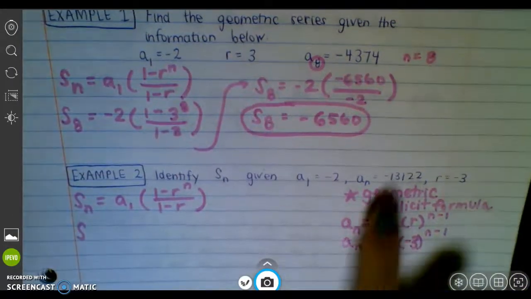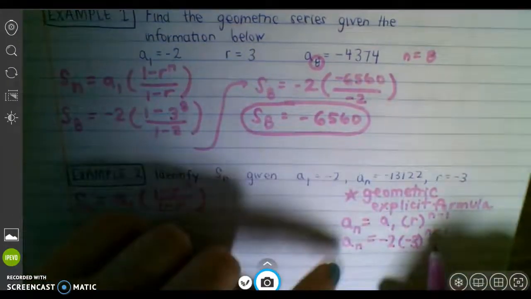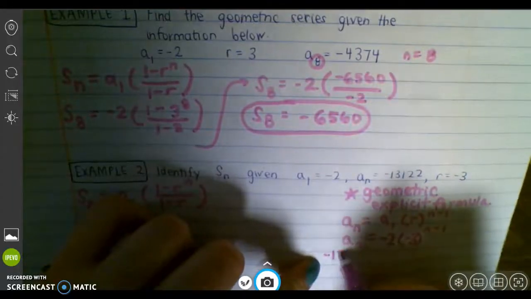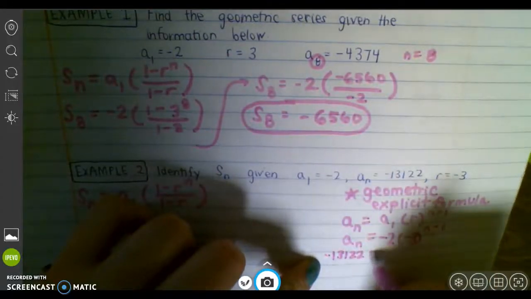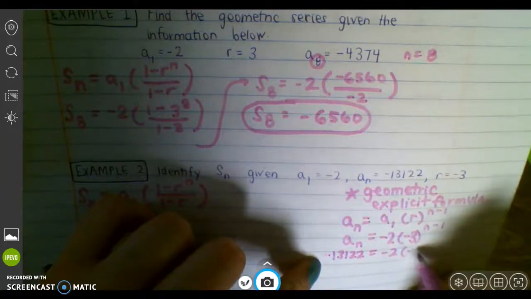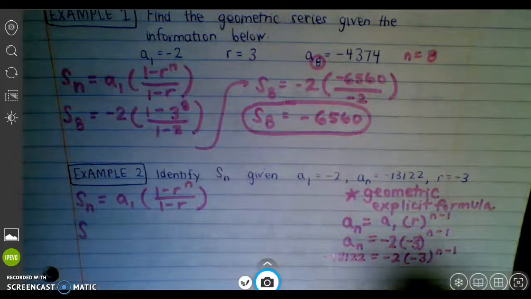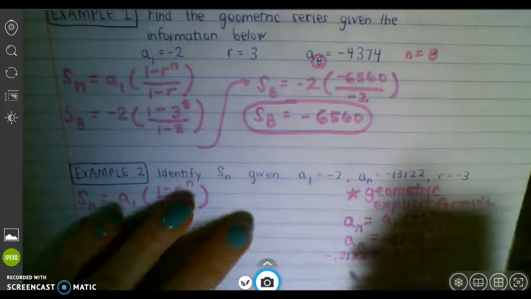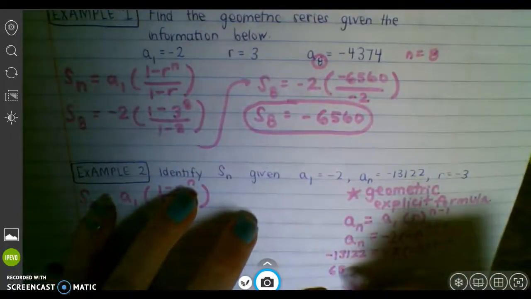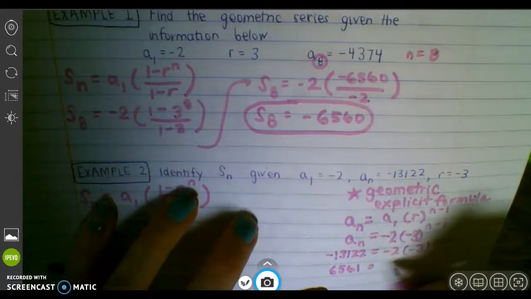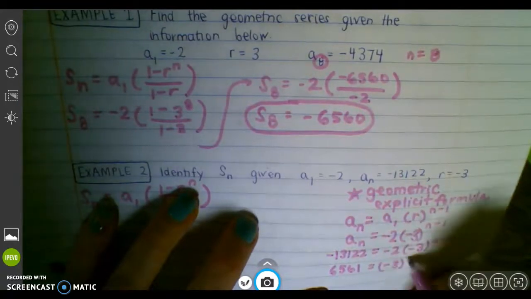And I'm going to input the nth term that they gave us to solve for n. So negative 13,122 equals negative 2 times negative 3 to the n minus 1. To solve for n, I first divide by negative 2 on both sides. That gives me 6,561 equals negative 3 to the n minus 1.